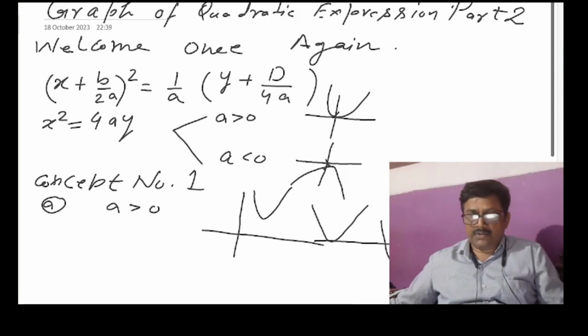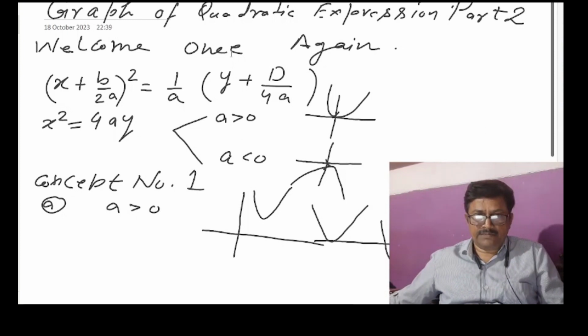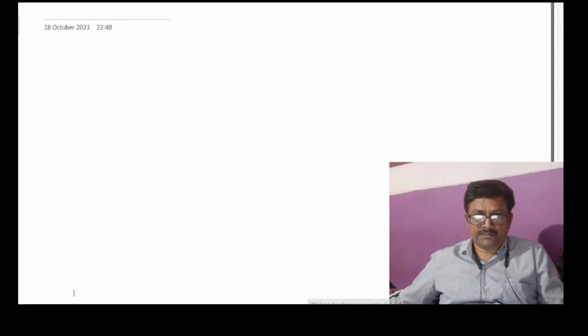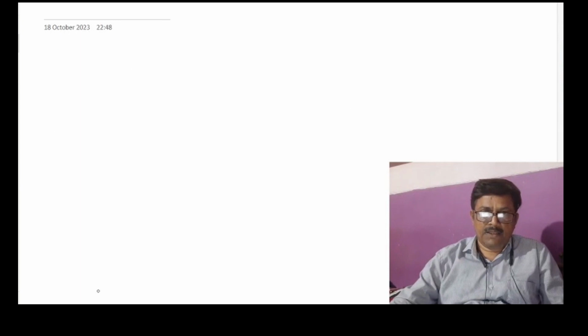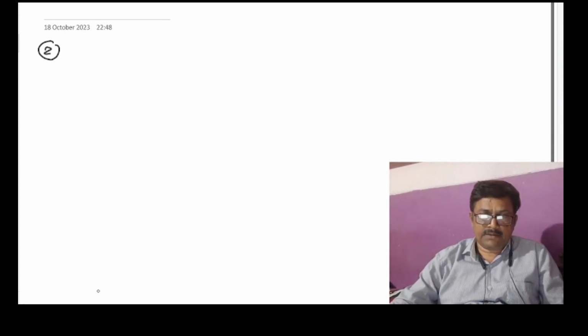Now I am taking a new page. The second case, B part of this concept: if a is negative, then we know the opening will be downward as we have discussed.